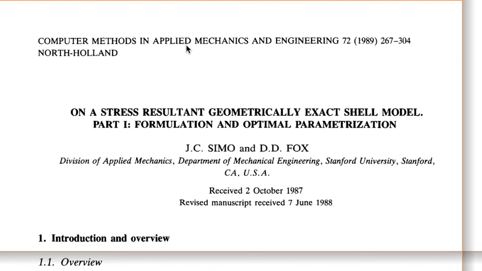One is from the classical continuum mechanics approach, or we can also call it the degenerated solid approach. That is the first approach, where we have a 3D continuum and we apply some procedures to solve.